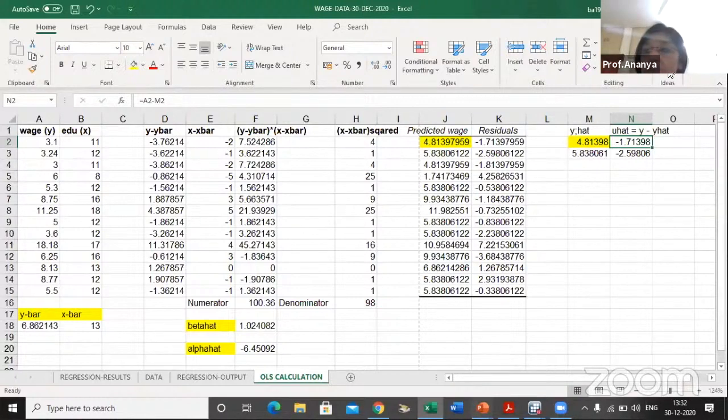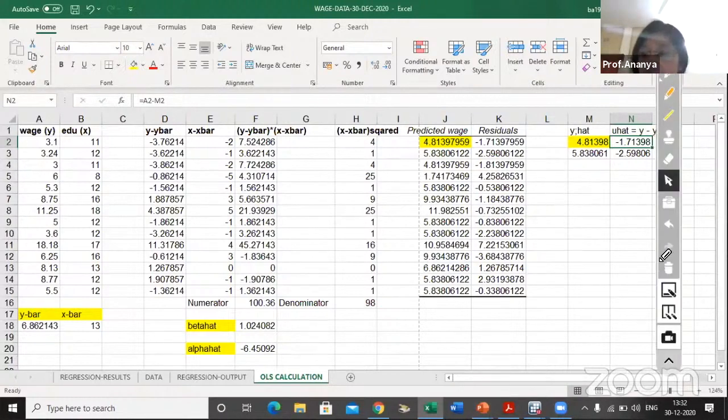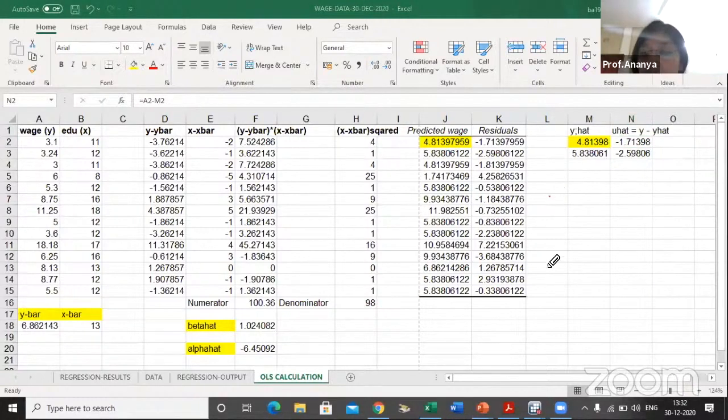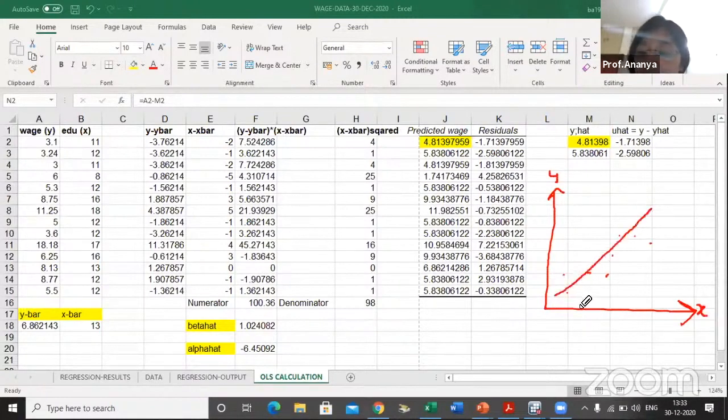Just to show you what it is, here you have y, here you have x. Here you have the scatter, and let's say here you have a straight line. So once you have x, this is your y hat, and this, which is the actual observation on the scatter, is your y.